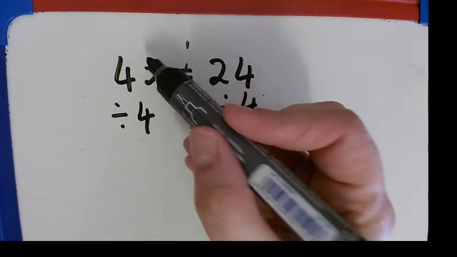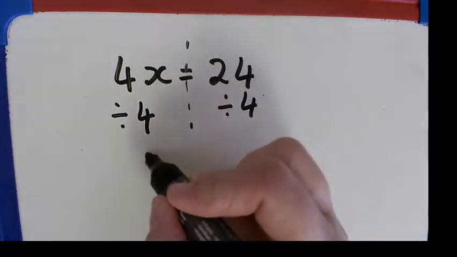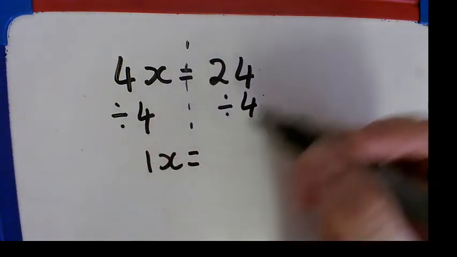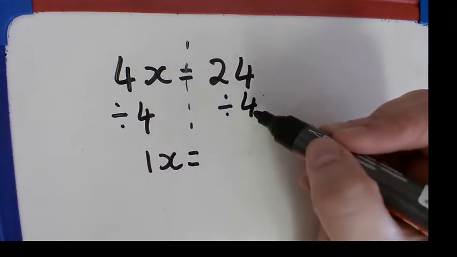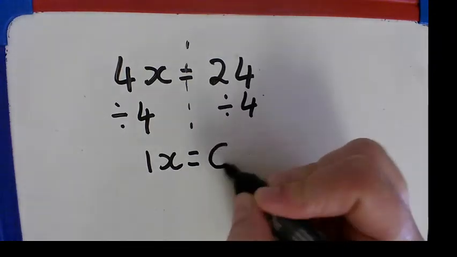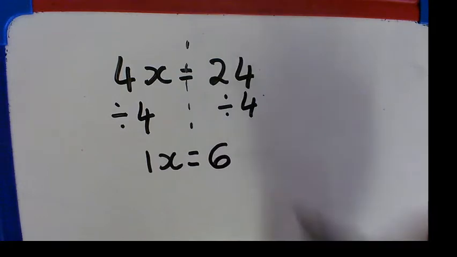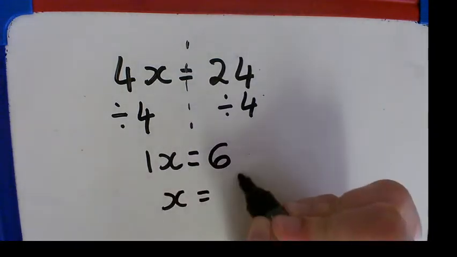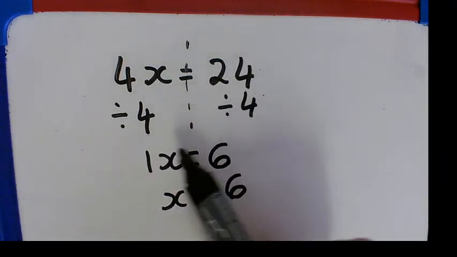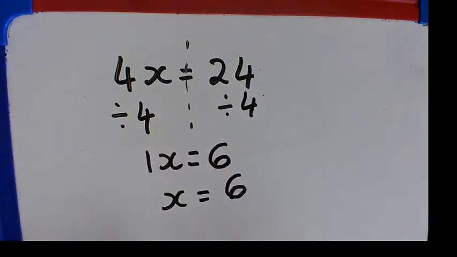Now 4x divided by 4 is just 1x. 24 divided by 4, hopefully you know your tables, is 6. We don't normally write that 1. Normally we just leave our answer as x equals 6. But when you're learning, it's perfectly acceptable to put that 1.